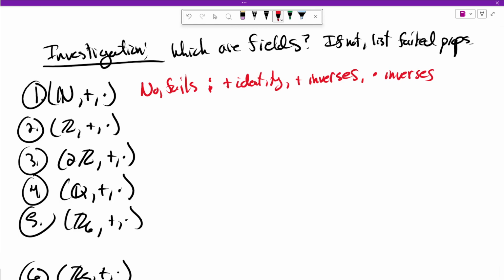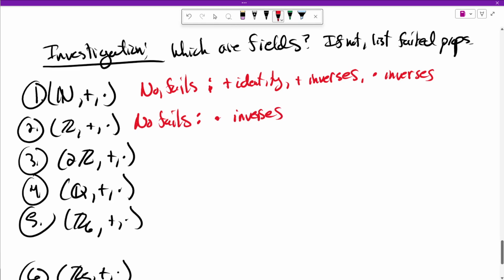Just fails these three. Is the integers a field? No. What does it fail? Let's see. I think all of the additive axioms are okay. The only thing that doesn't make sense here is the ability to divide by non-zero integers. So this fails multiplicative inverses.